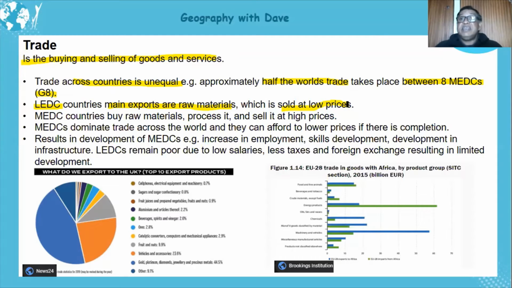Unfortunately, this is the LEDC's situation. The MEDCs buy the raw materials, process them, and sell them at high prices. Can you see it? They make far more money. They dominate trade across the world. And another thing is they can afford lower prices if there is competition.